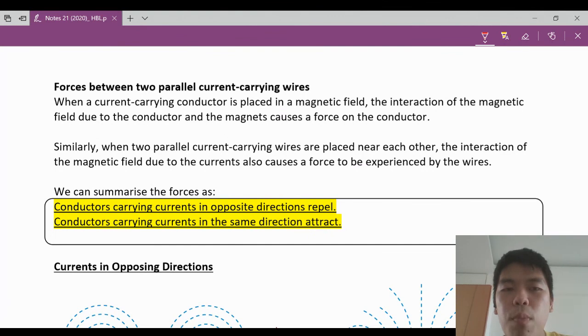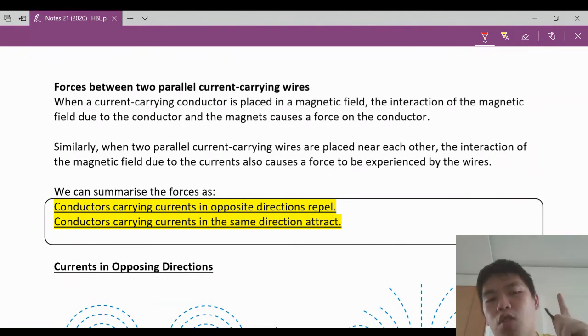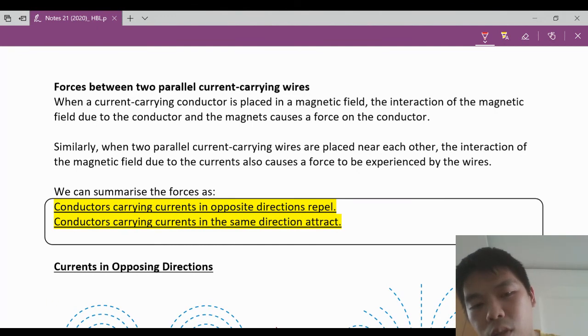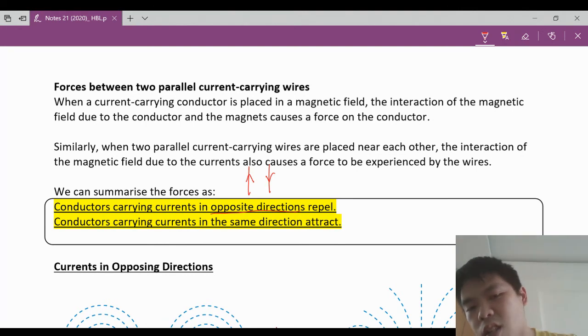Forces between two parallel current carrying wires. Now you're going to take two wires, both have a magnetic field, both have a magnetic effect on each other, and we're going to see how they behave. The general rule of thumb is if we place conductors carrying current in opposite directions, say one current flows upwards and one flows downwards, they will repel.